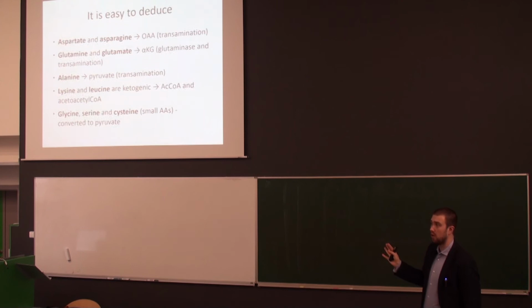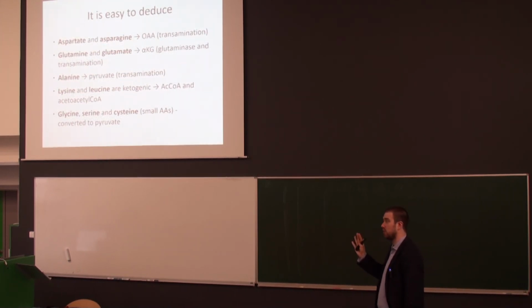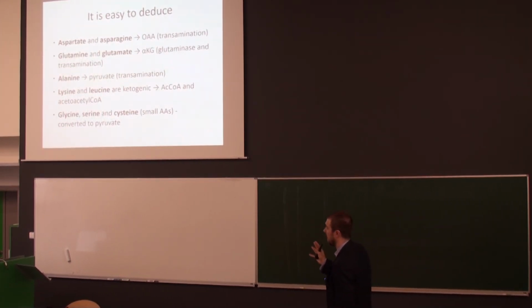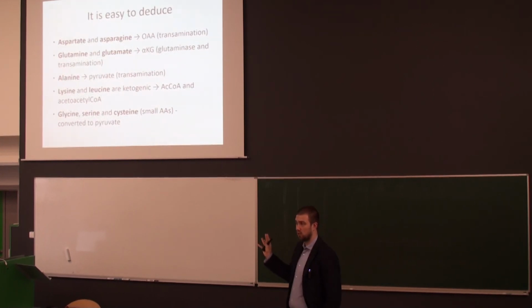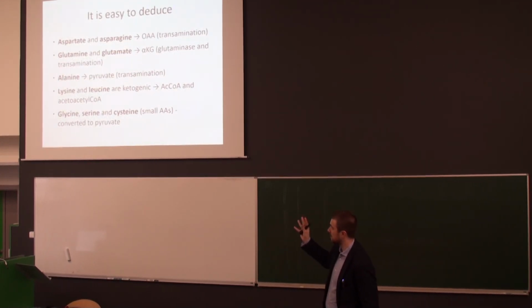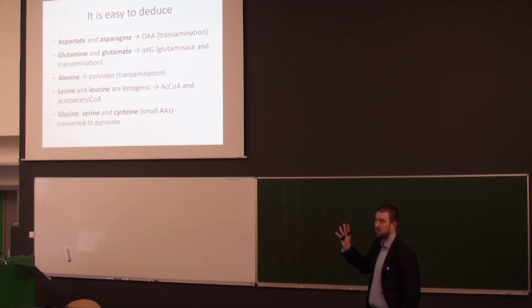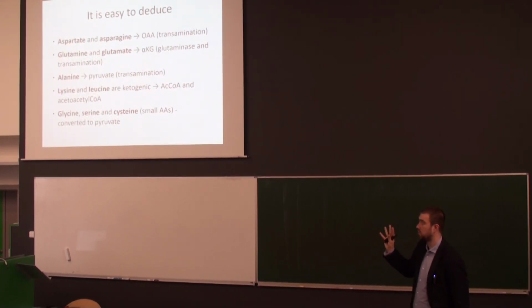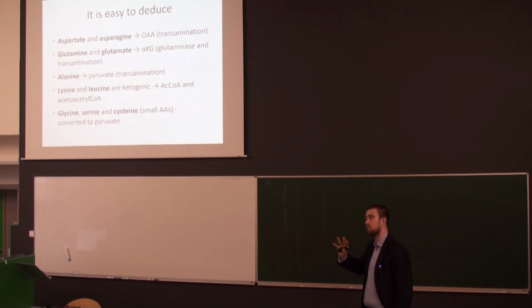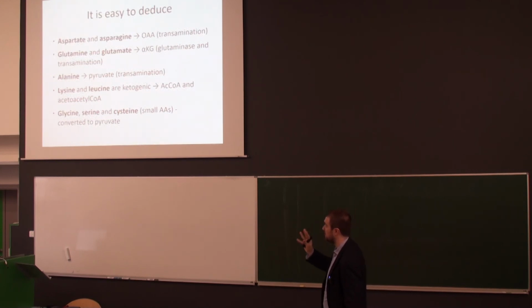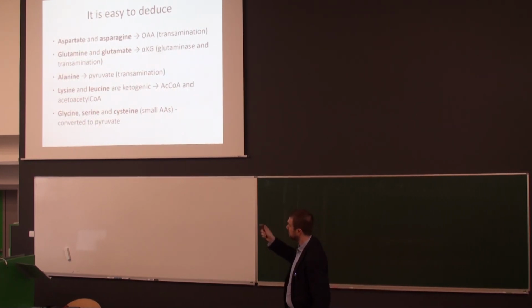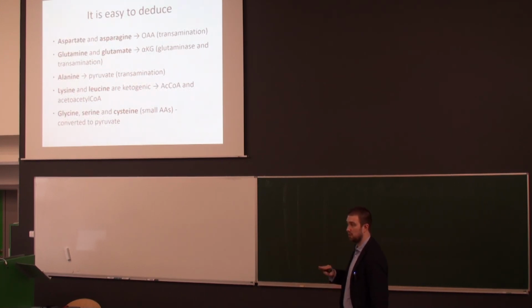What you should know, and this is the minimal thing that we really expect you to know, and this is for us the basic knowledge, are these amino acids, where you must know how they are degraded. First 5, if we take this together, you already know.